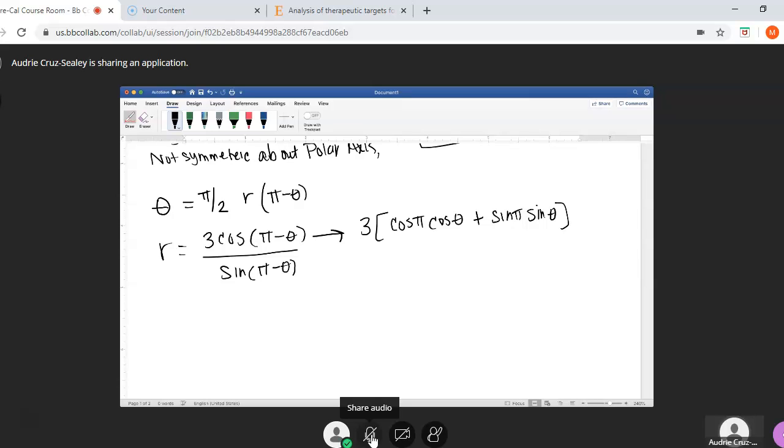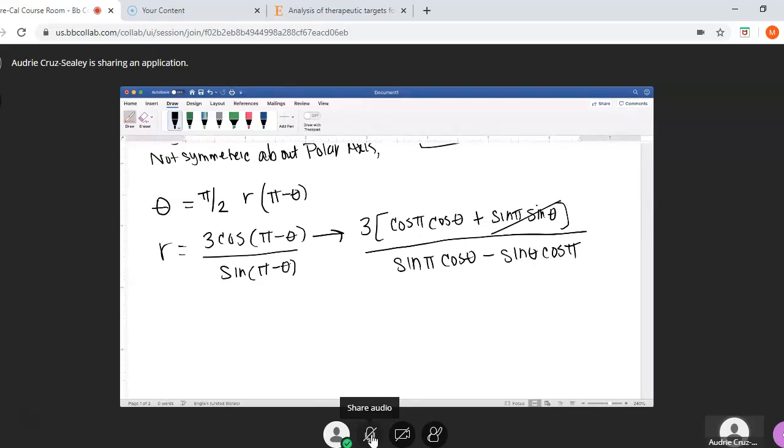That's the numerator. And then in the denominator, we get sine pi cosine theta minus sine theta cosine pi.